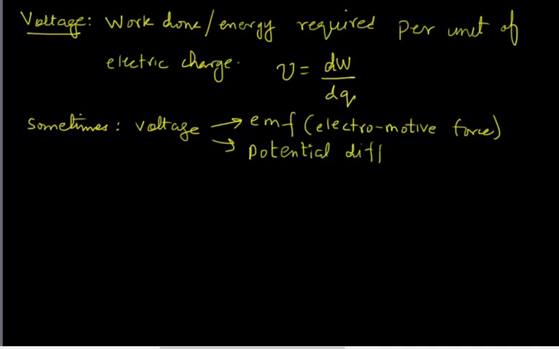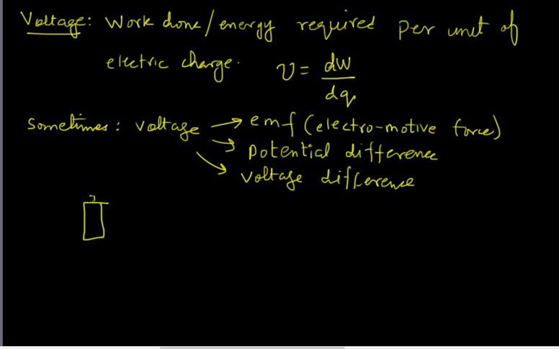And sometimes people simply call it voltage difference. These are all names of the same thing. However, they have some context. So for example, if you have a battery like this, a AA battery, 1.5 volts.